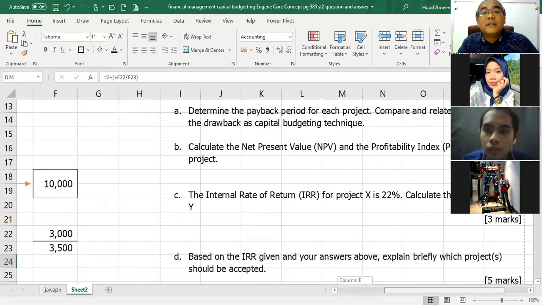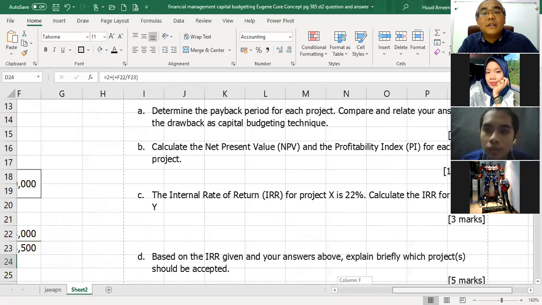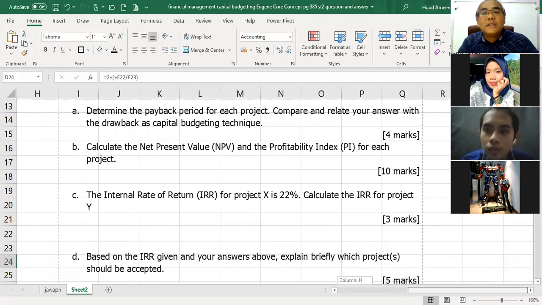So this is the answer for question number 1. But please do not forget the next part of question 1, question A. Compare and read your answer with drawback. What is the meaning of drawback? Drawback is shortage or kelemahan as a capital budgeting technique.